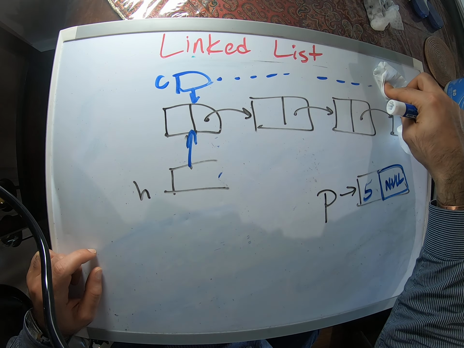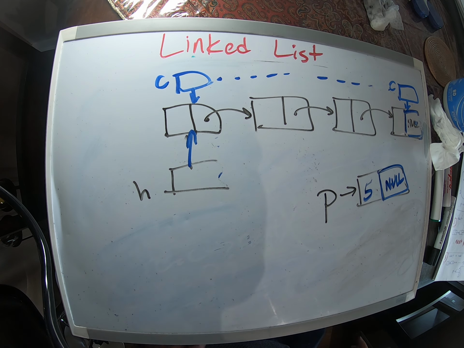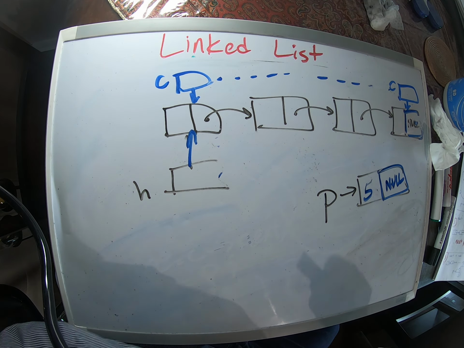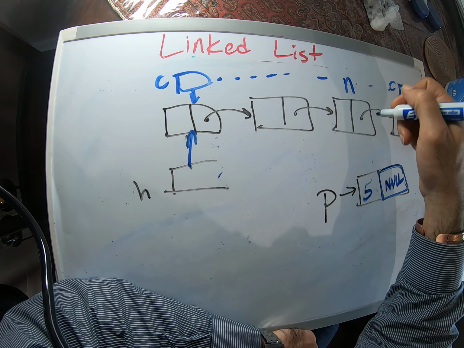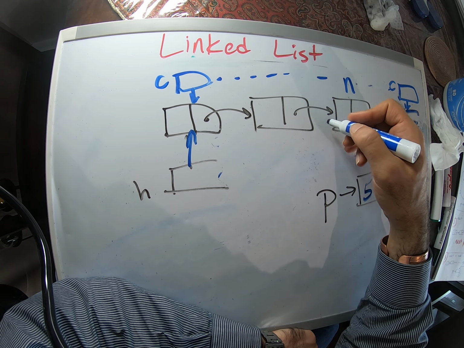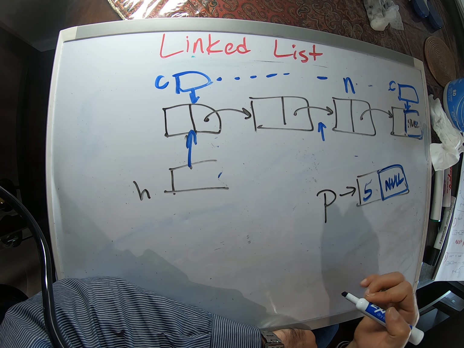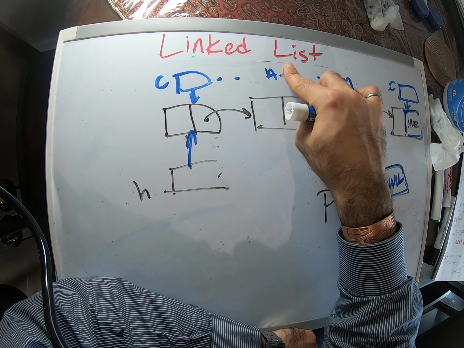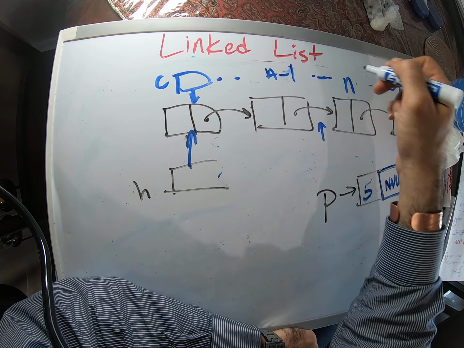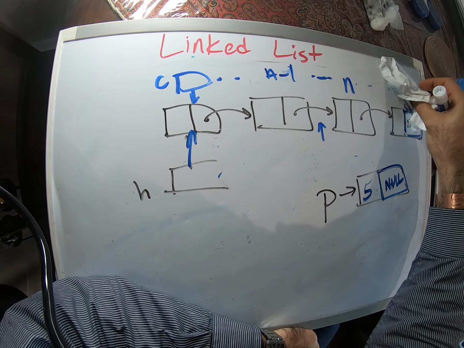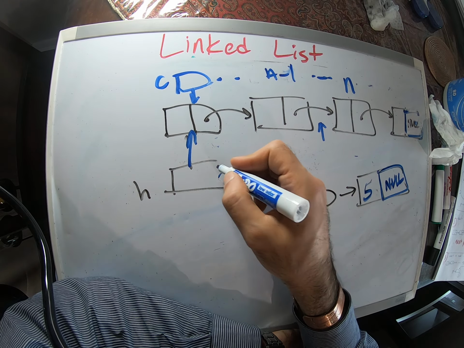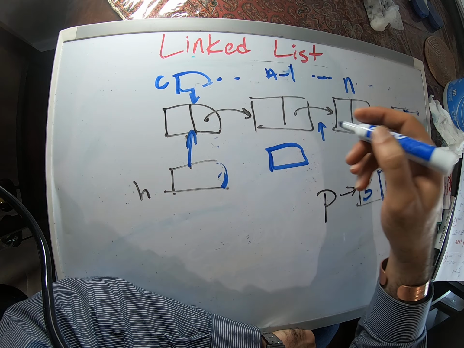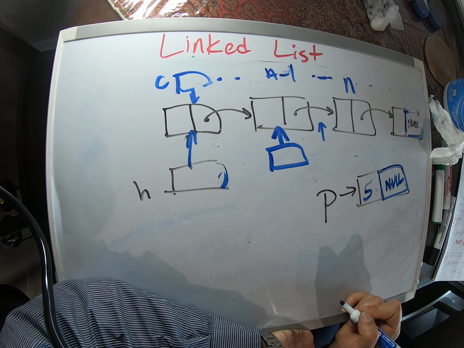What if we want to insert it somewhere in the middle? Let's say we want to insert it right before here, between the n-1st and nth node. Again, we make this pointer traverse through the linked list and stop here.